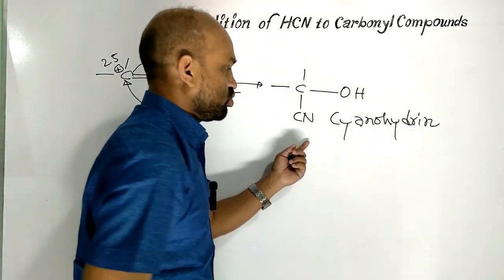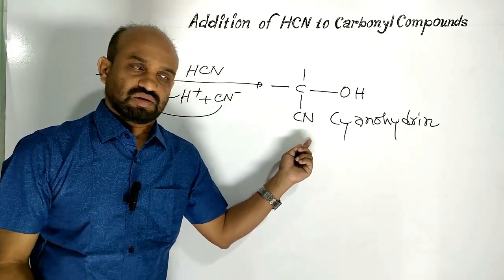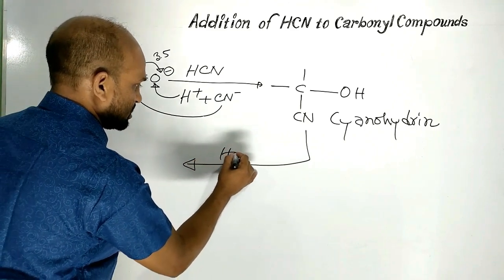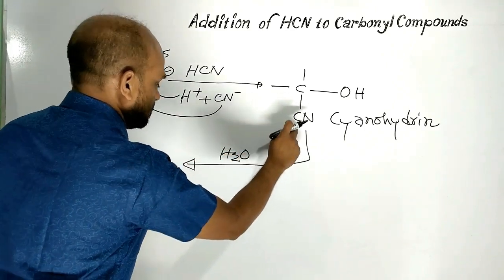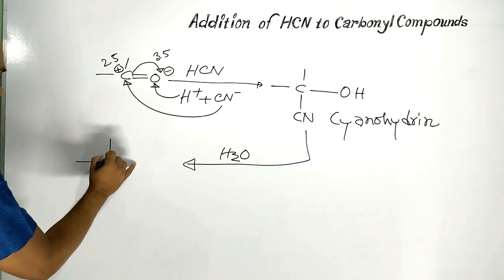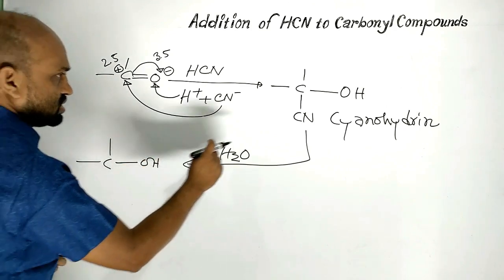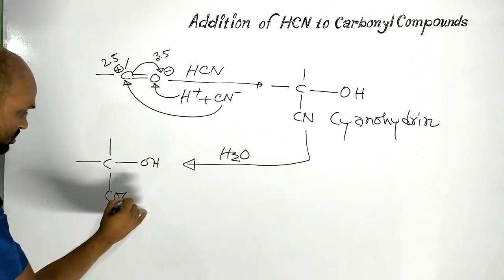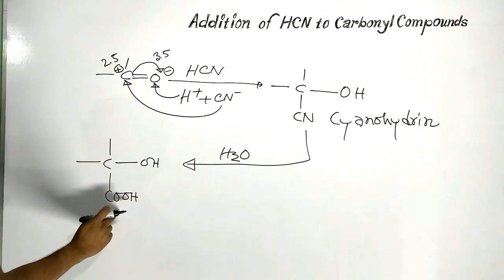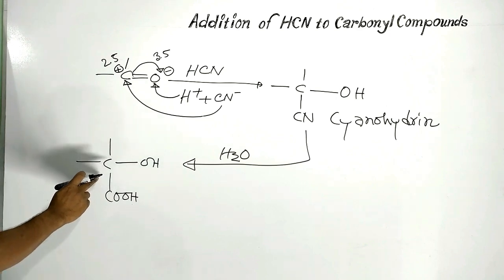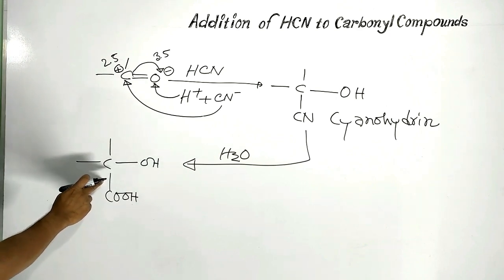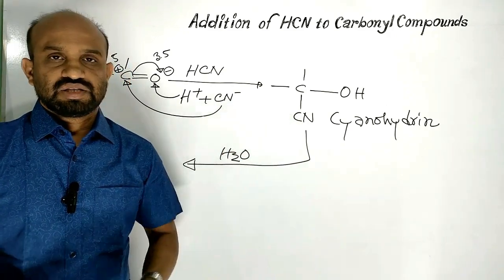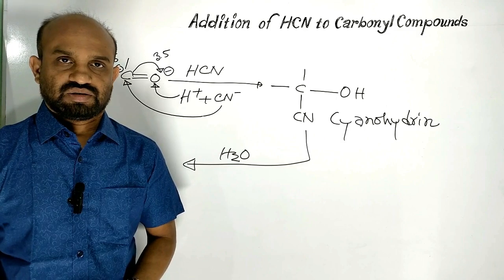What is the importance of the reaction? When the cyanohydrin is hydrolyzed, then the cyano group converts to carboxyl group, that is carboxylic acid is prepared from cyanohydrin. This is the importance of the reaction.